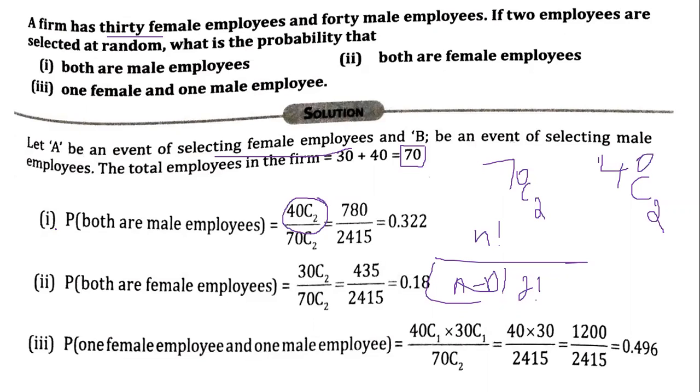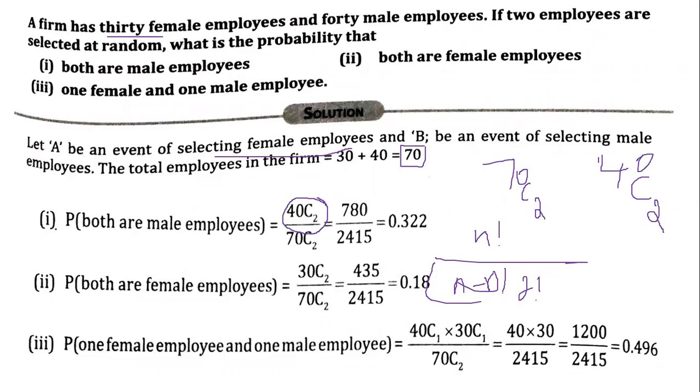Now, since the first one was both are male employees, we took 40 as the number. The second question is both are female employees. How many female employees are there? We have 30 female employees, and out of them we are supposed to select two.